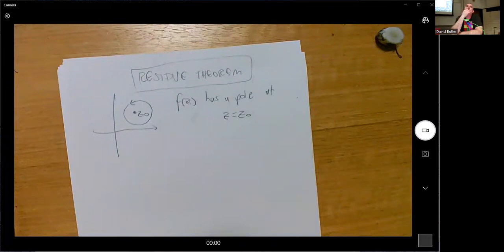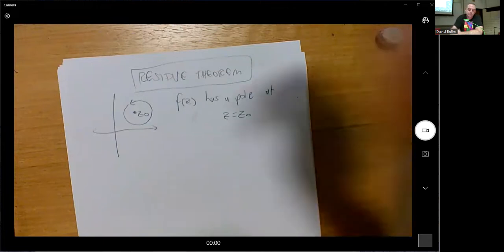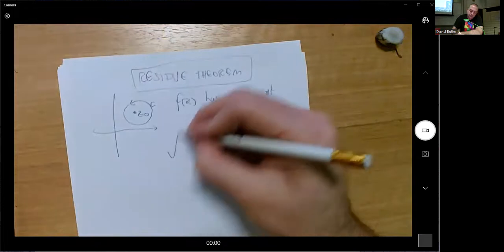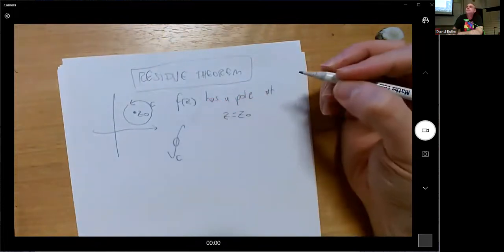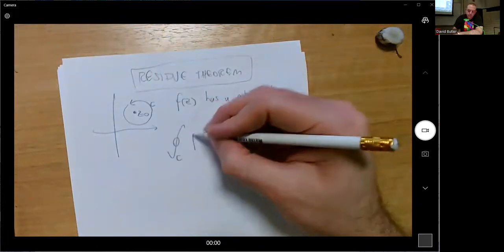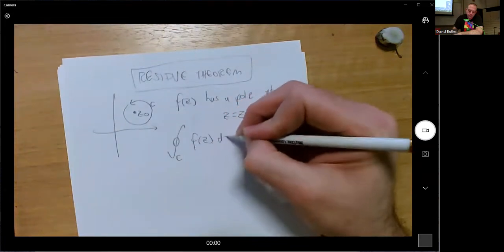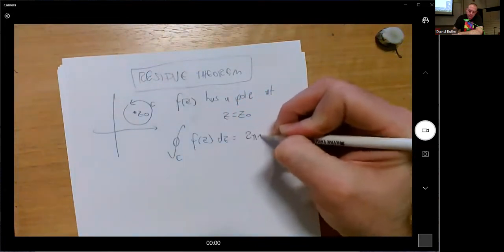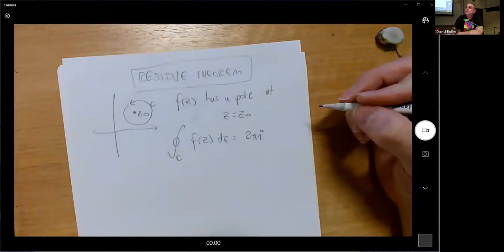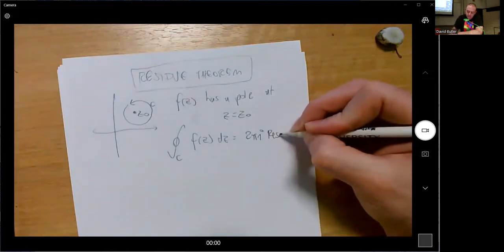I don't remember. It's basically, yes, you have a finite number of poles, like single points inside the region. Then the closed integral over that region, like C, of f of z equals 2 pi i times the sum of the residues. And then the formula for residue.